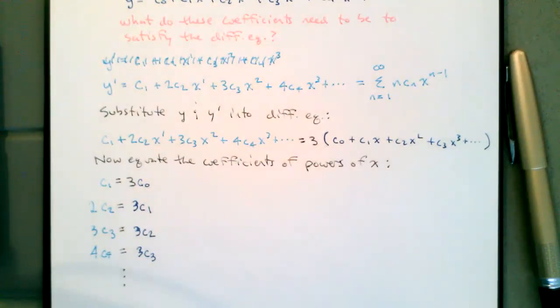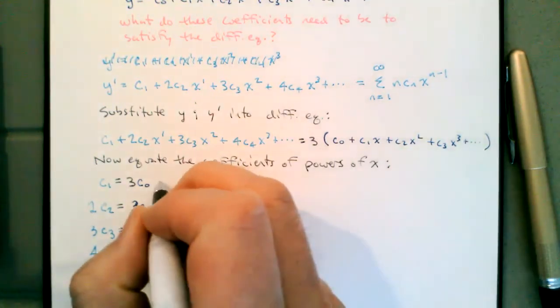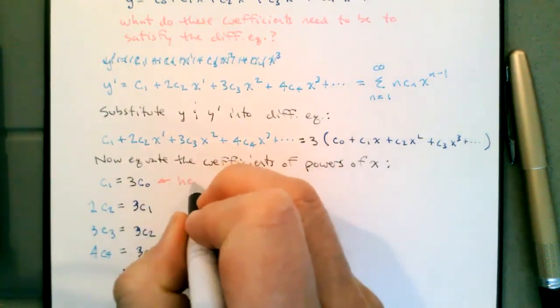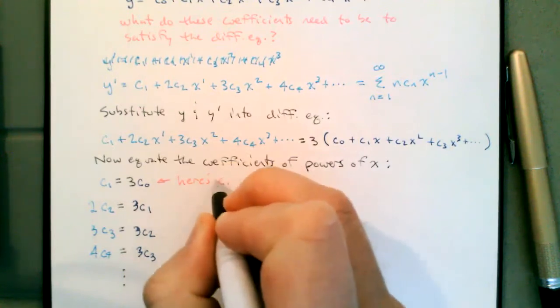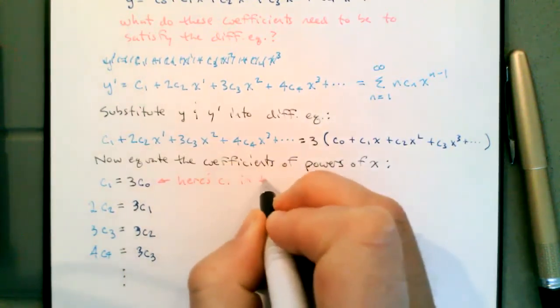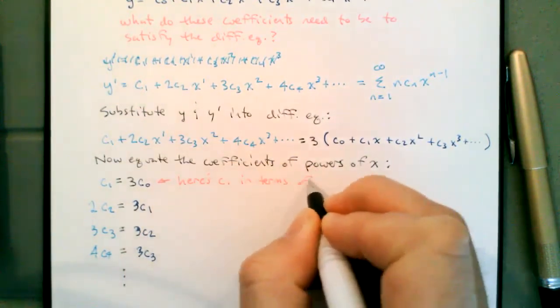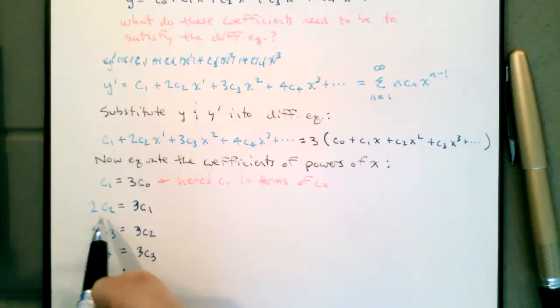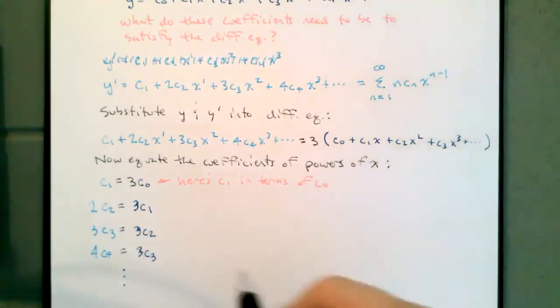What we can do now is write all the coefficients in terms of just c0. Since c1 is 3c0, here's c1 in terms of c0. 2c2 is 3c1, so I can solve for c2.